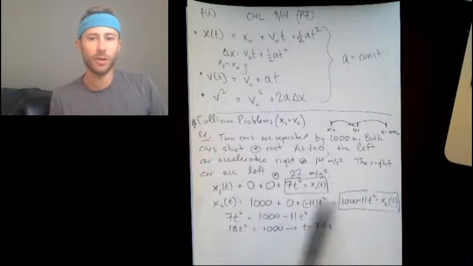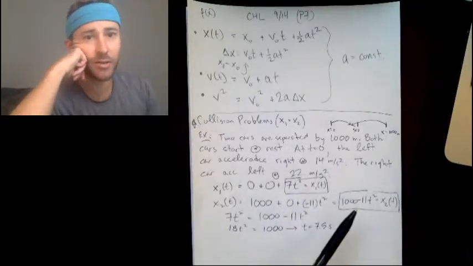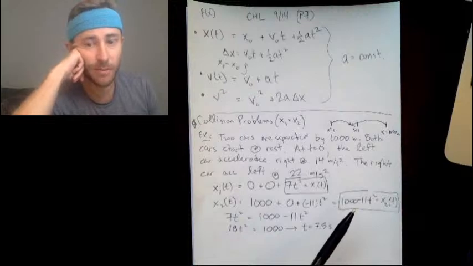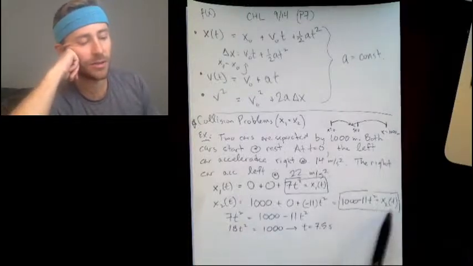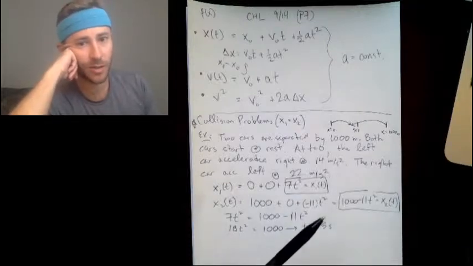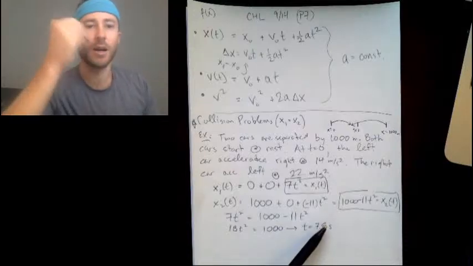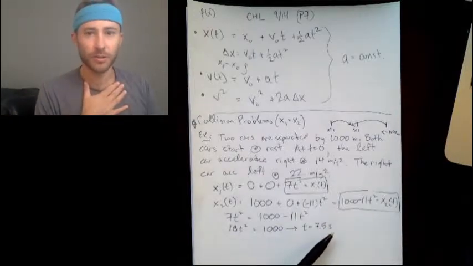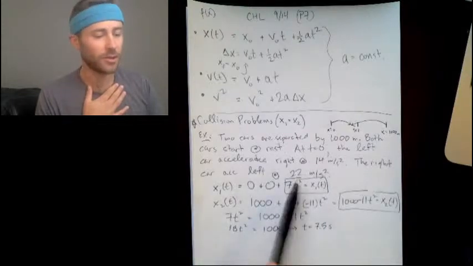Okay? Now, if we want to figure out where the collision occurred, we can plug this time into either of these two equations. In fact, a great way to check that you have the correct answer is to plug the 7.5 into each one and show that you do in fact get the same answer for either equation. That being said, I'm confident in my physics ability, and so I'm just going to plug it into one, and I'm going to choose the simpler one.